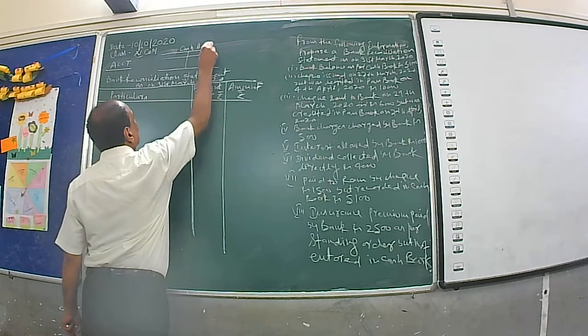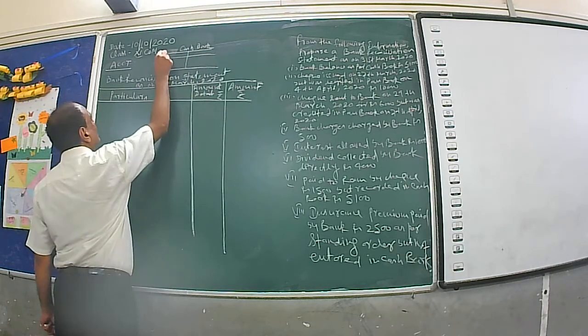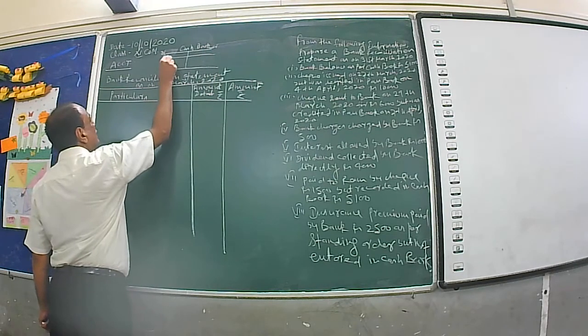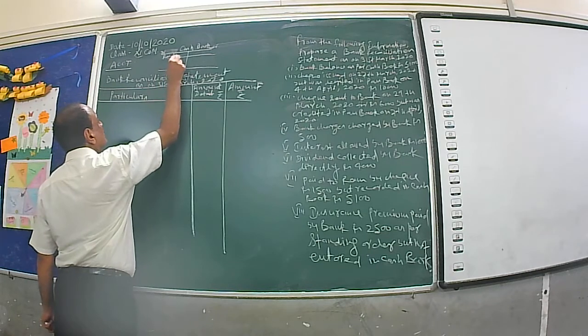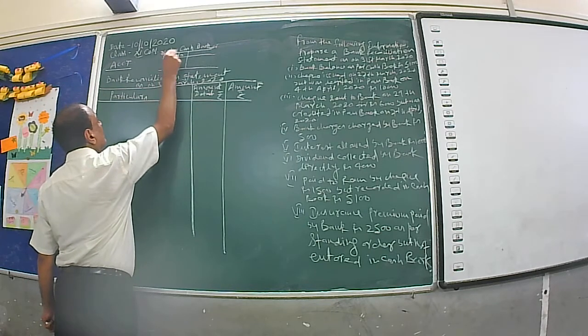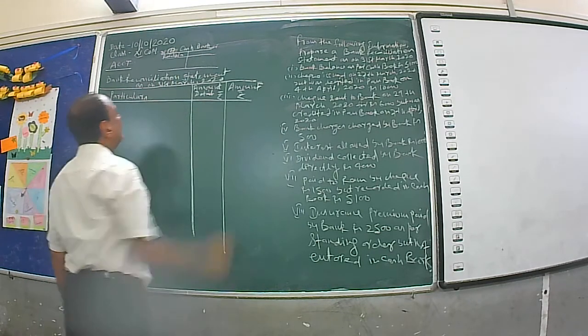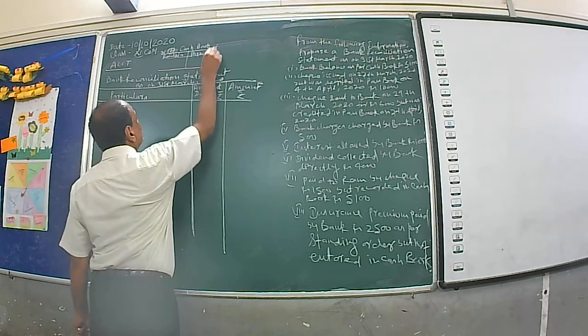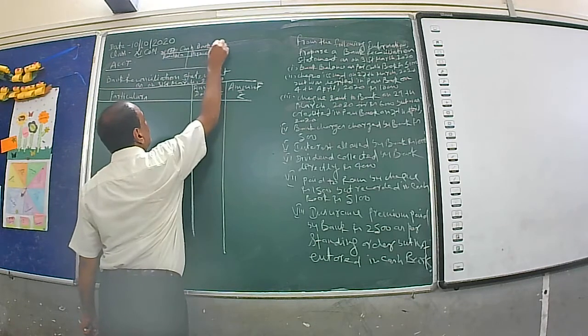You see the cash book: debit side, credit side. All the receipts are shown on the debit side, and all the payments are shown on the credit side in the cash book. Therefore, it is the minus side.